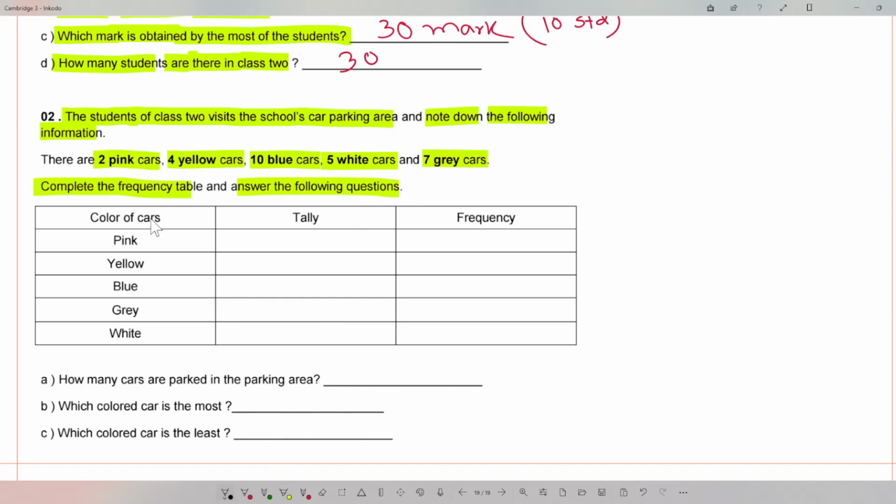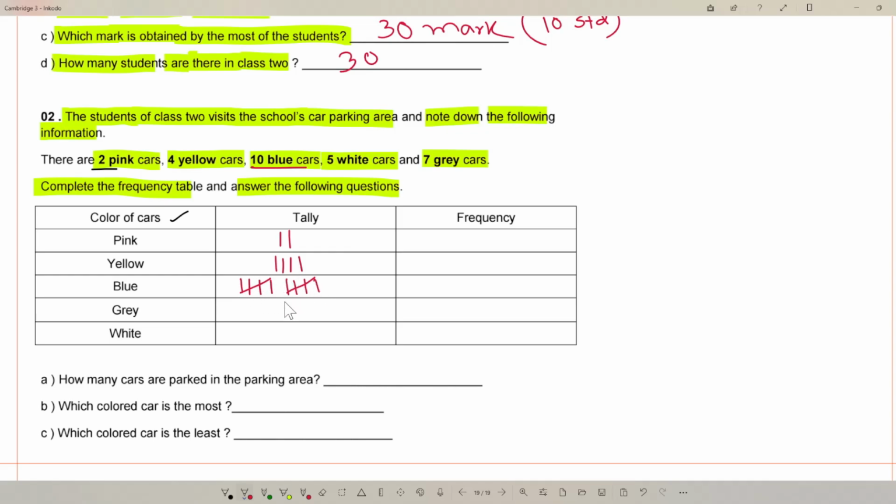So first, here is colors of cars, second column tally and third column frequency. So pink has 2 cars, so we can write 1 and 2. 4 yellow cars, 1, 2, 3, 4. 10 blue cars, so blue 10, 1, 2, 3, 4 and this is 5. 1, 2, 3, 4 and this is 5.